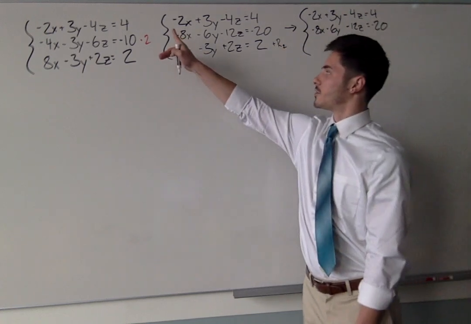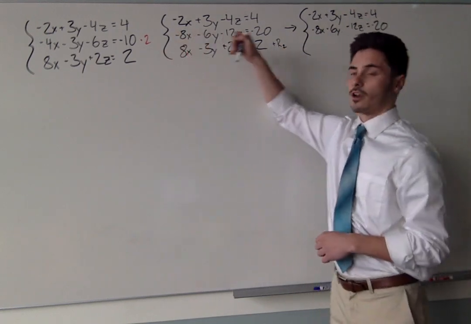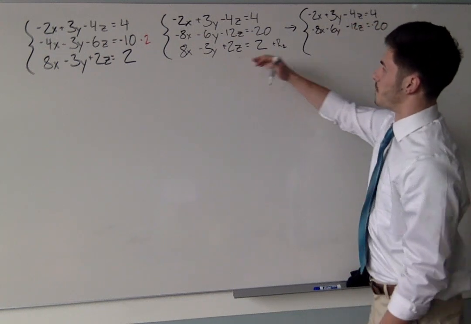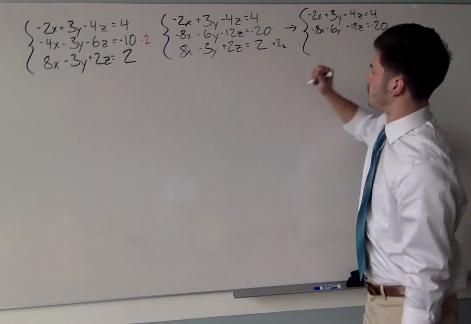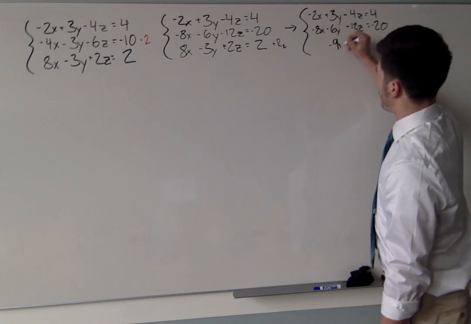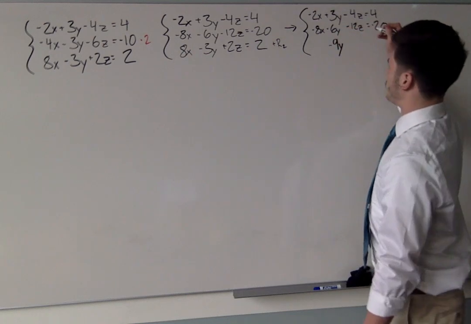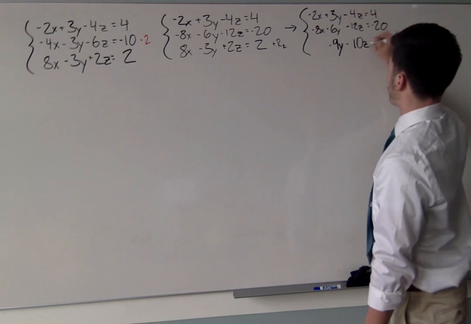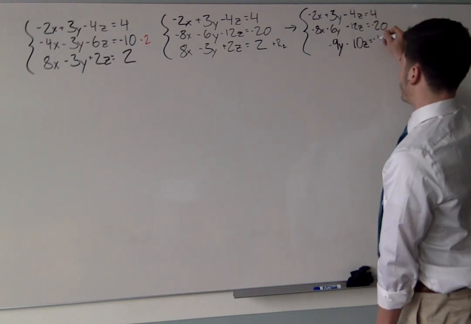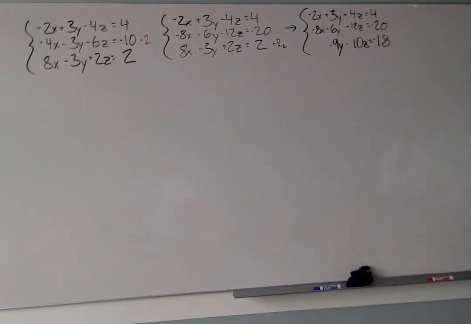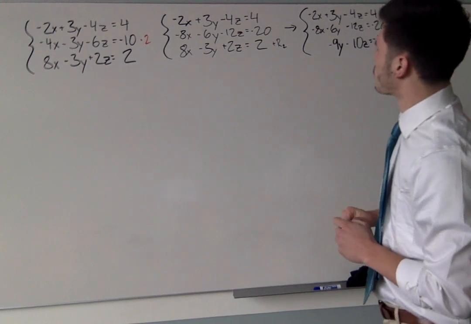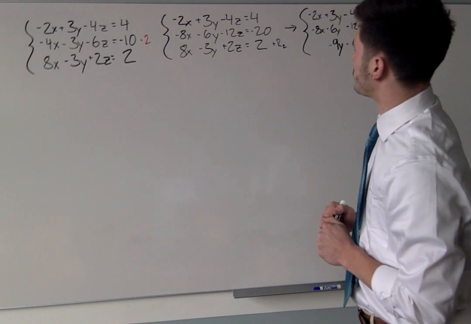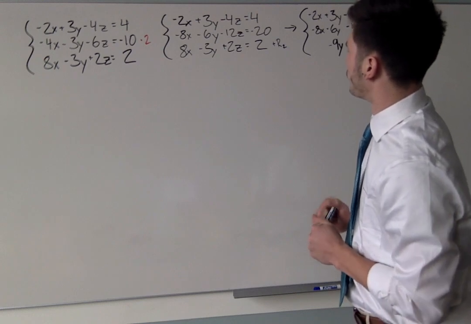These two variables and coefficients cancel out, so these two terms are gone, and we are left with negative 3y plus negative 6y, negative 9y, and negative 12z plus 2z is negative 10z, and that is all equal to negative 18. I think I did that right.